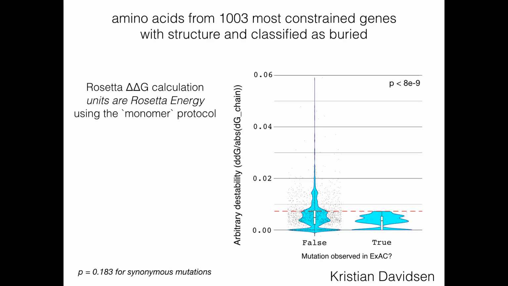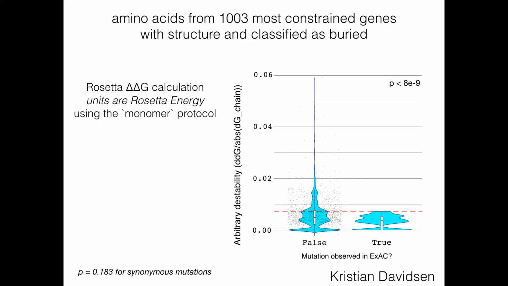What is plotted here is whether a missense mutation has been seen in the ExAC data set or not. On this axis is the delta Gibbs energy, or Rosetta energy in this case, since it's calculated in Rosetta.